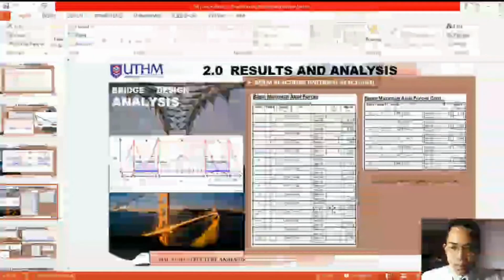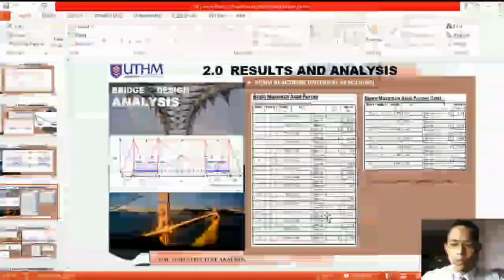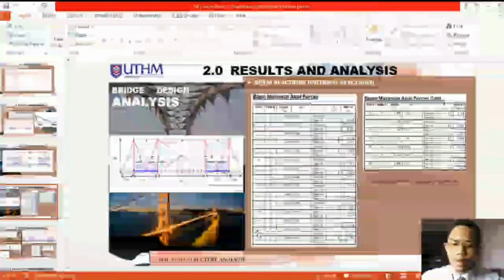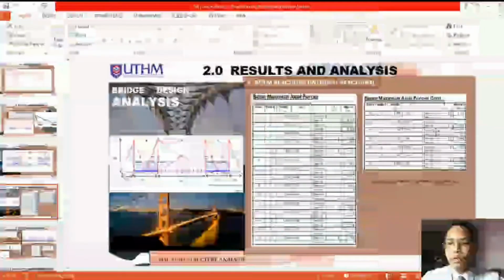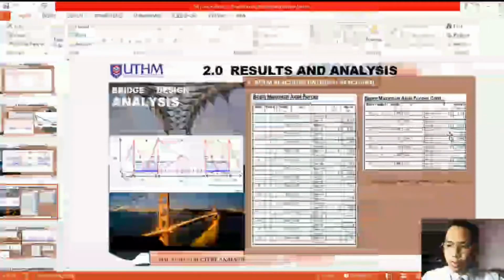Beam 11, negative 5.325. Beam 12, 2.305. Beam 13, negative 3.729. Beam 14, negative 4.121. Beam 15, 2.305. Beam 16, 5.156. Beam 17, negative 3.972. Beam 18, negative 4.121.